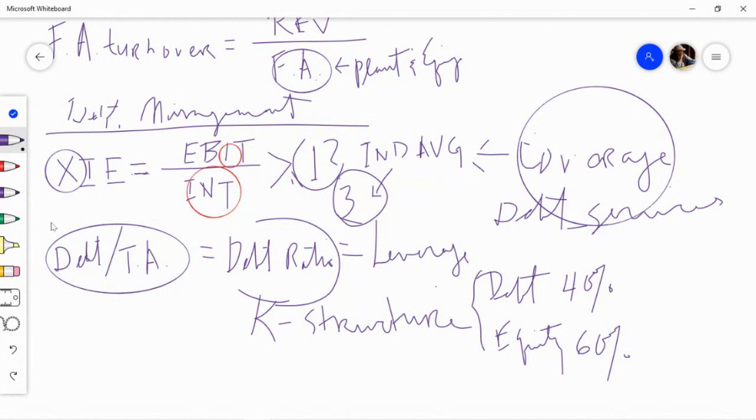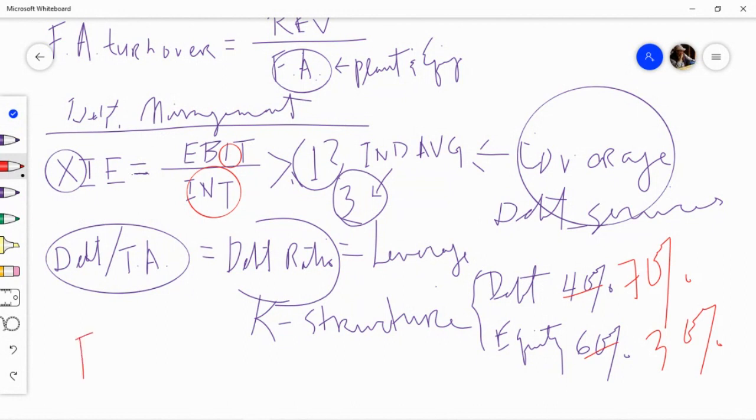In the long term, for example, if their capital structure is like 70% debt, 30% equity, in the long run they are likely to, I mean, this is not good.